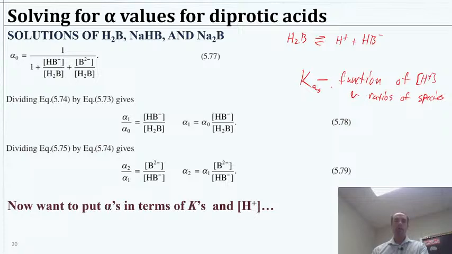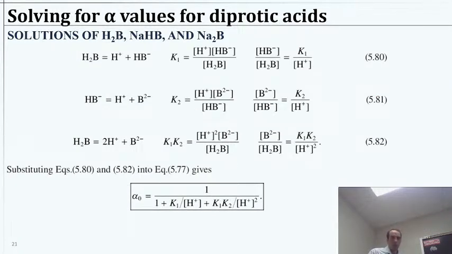So KAs. Does that make sense? Anytime we have this equilibrium constant, it's saying products over reactants. Some of those products are H plus, some of them are some form of B, right? So if we can rearrange the K equations and then insert them here, we'll be in good business. So that's the next step.